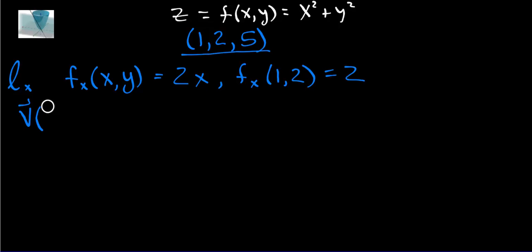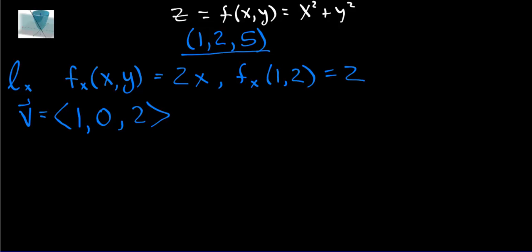The vector is going to be 1, and for y, we're in the direction of x, so we can just make y 0. We just want a vector parallel in the x direction. And then the z component is going to be 2. So now we have a point and we have a vector.